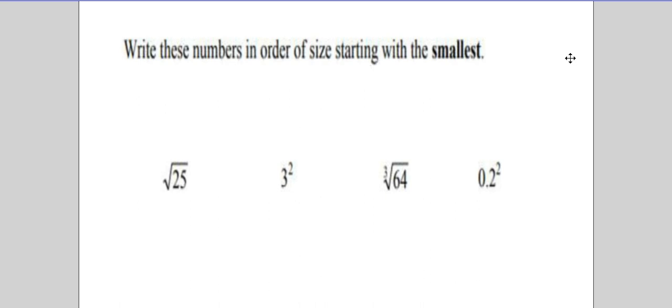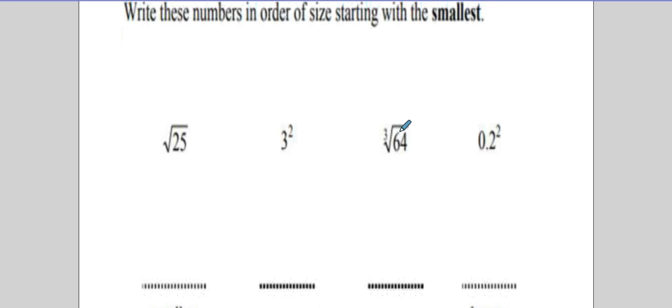Okay, now remember I taught you how to work out the square roots, the powers, and the cube roots. Okay, so square root of 25 is equal to 5, and 3 power 2 equals 3 times 3, and that gives you 9.